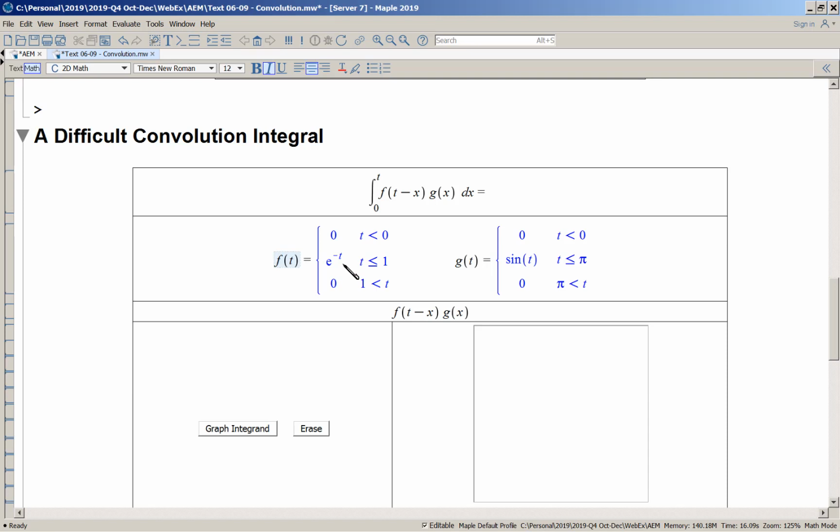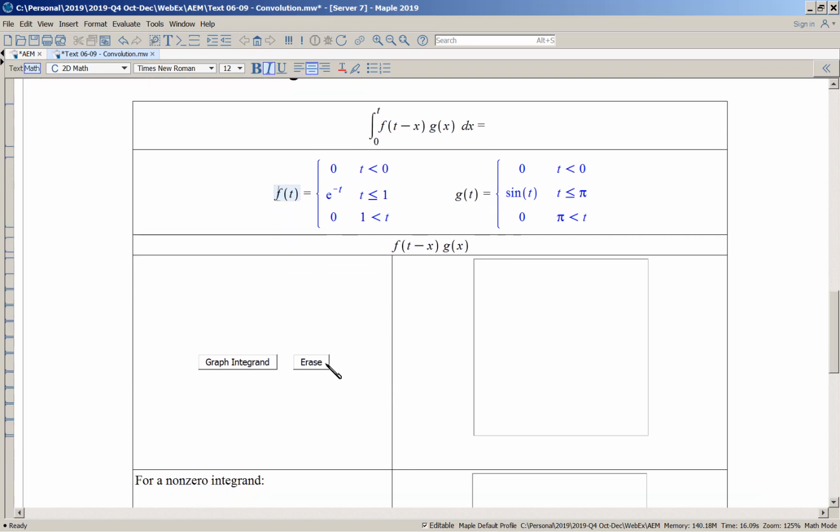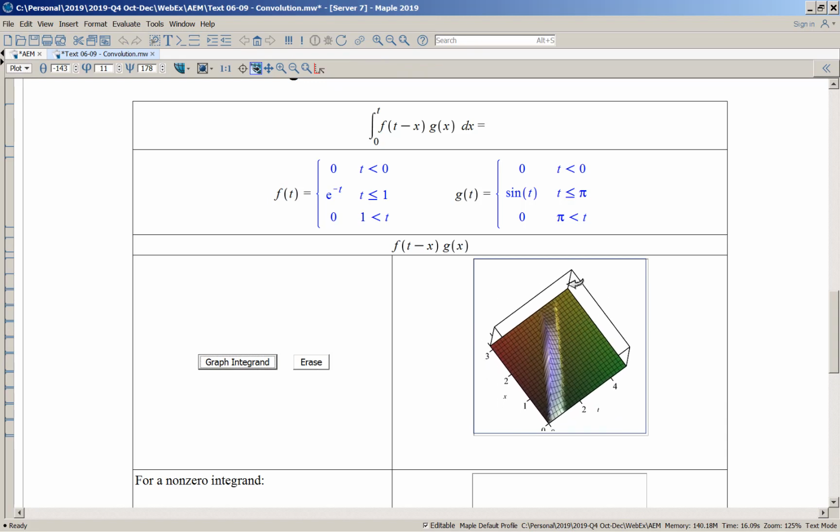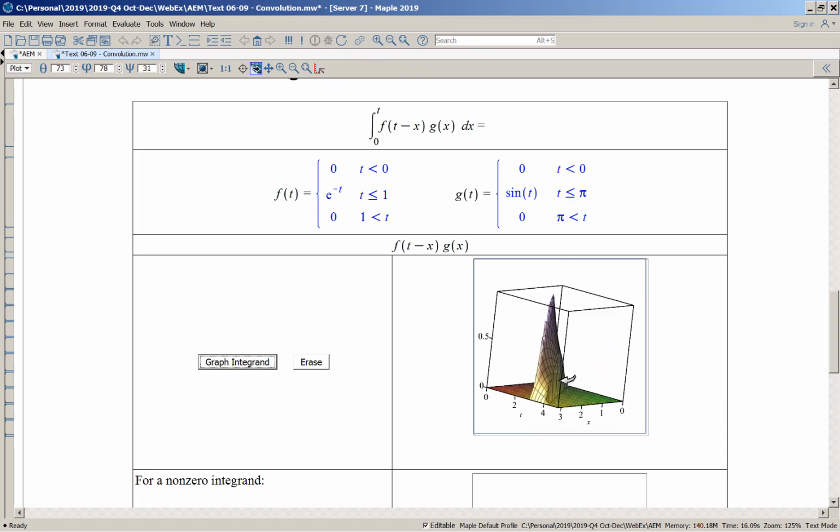It's going to be non-zero only when this exponential, even though it's shifted, multiplies this sine. If there's a 0 multiplying, you're going to get 0. So where is this integrand non-zero? Well, it appears that the integrand is non-zero over a parallelogram.